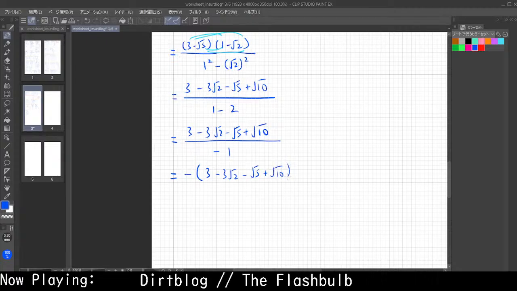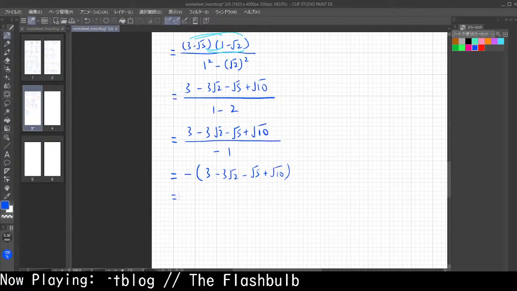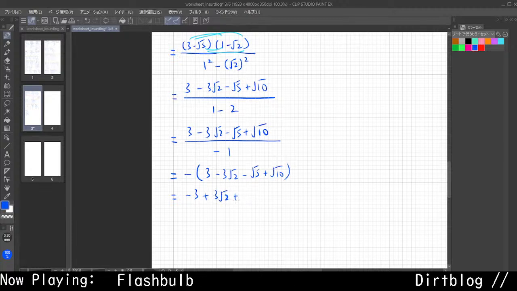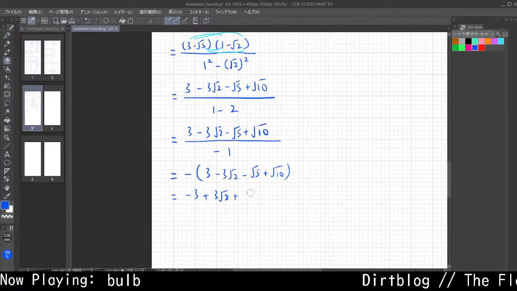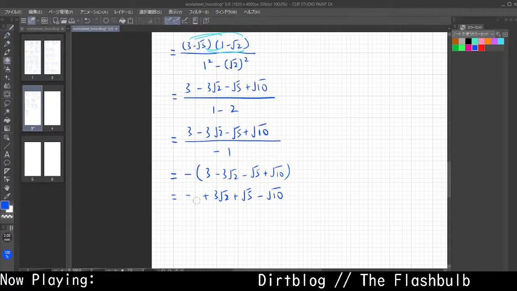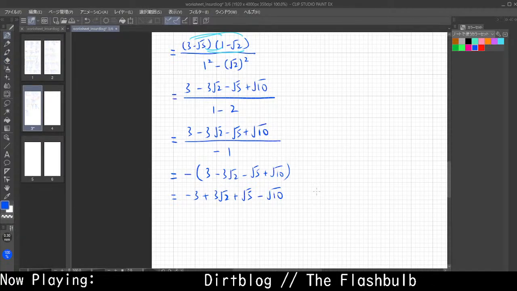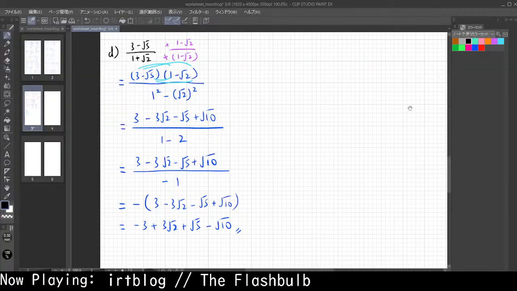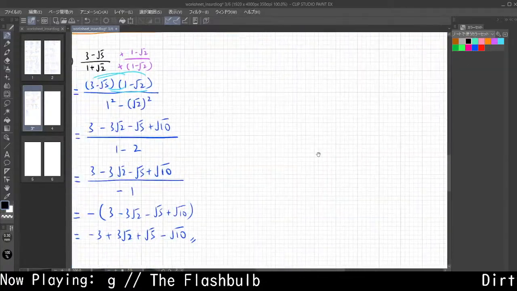And then you can just multiply the negative sign into the entire thing. Minus 3, plus becomes minus, minus becomes plus. You can leave it this way, nothing else you can do. This is the answer.